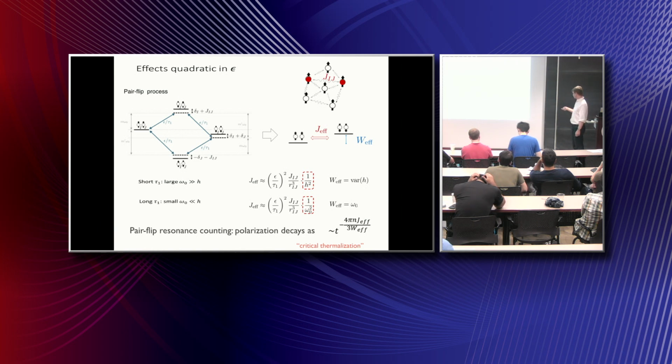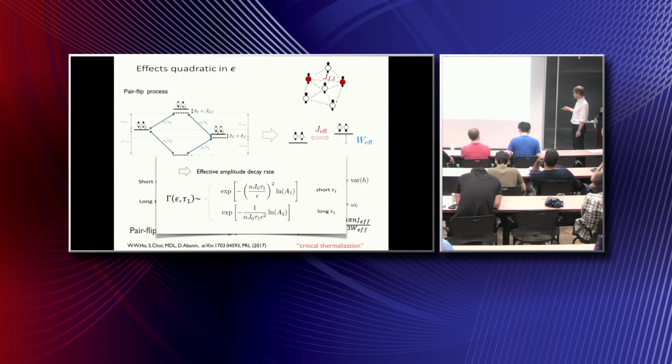Because this is a power law process, it turns out that this effective decay rate, or if you want, time, will actually go into the exponent, and it will look like this.